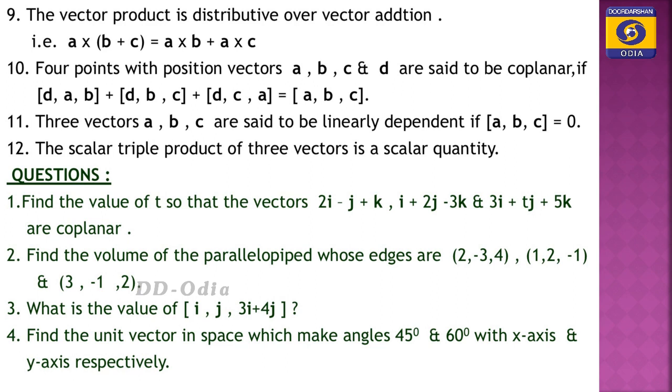Another is: find the unit vector in space which makes angles 45 and 60 degrees with the x axis and y axis. If the unit vector makes an angle 45, this is cos 45.